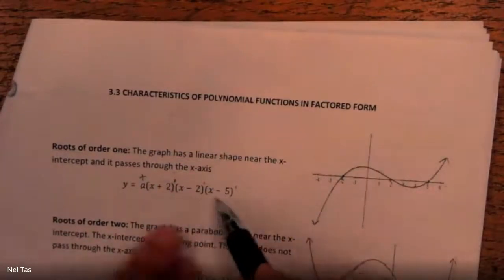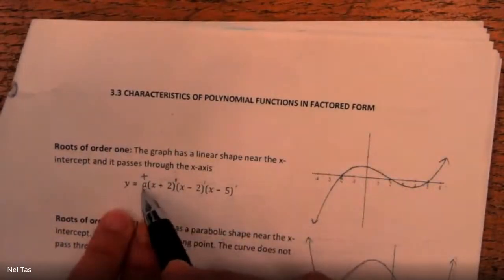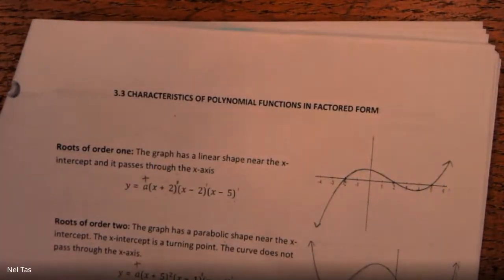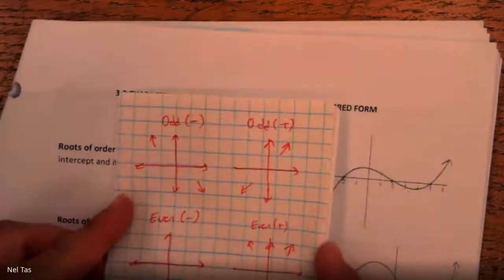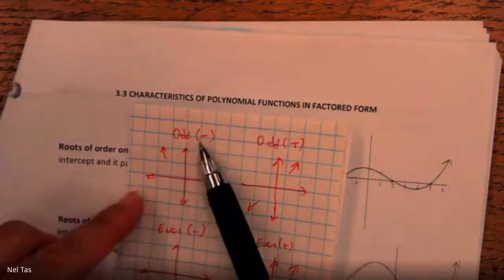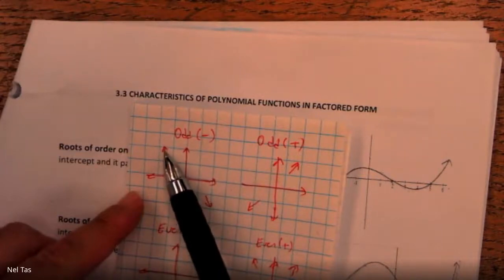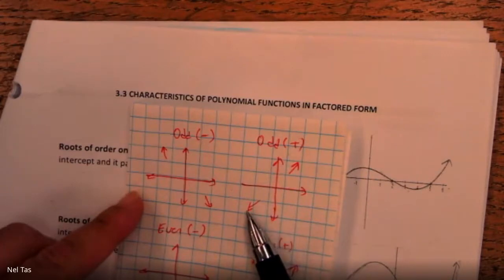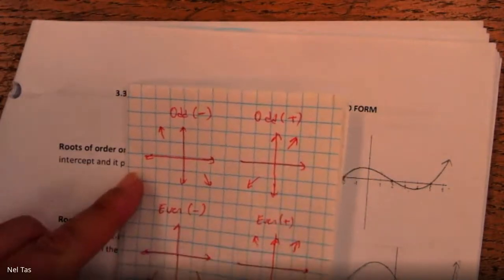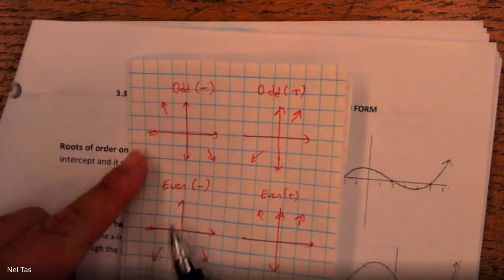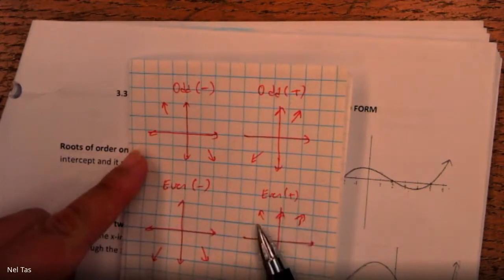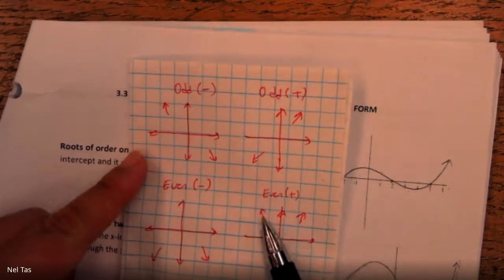If we needed to sketch this function, a is positive in this case, and previously we looked at this: odd functions with negative leading coefficient go from quadrant 2 to 4. Odd with positive leading coefficient goes from 3 to 1. Even with negative leading coefficient goes from quadrant 3 to 4. And even function with positive leading coefficient goes from 2 to 1.